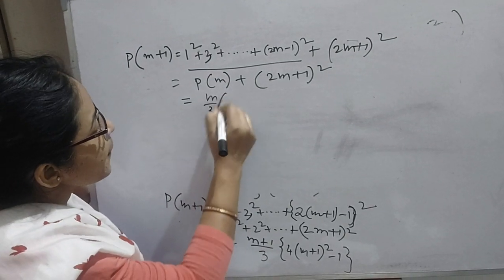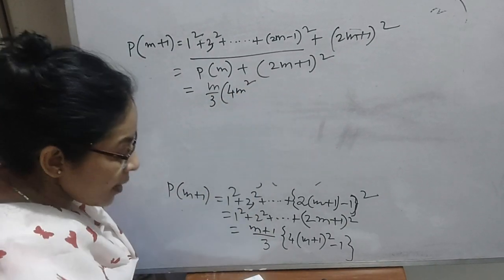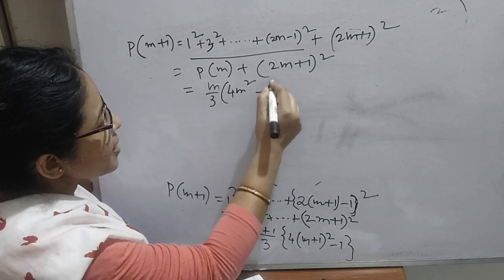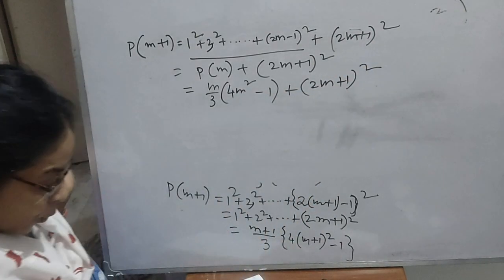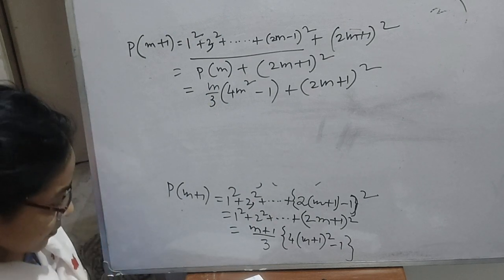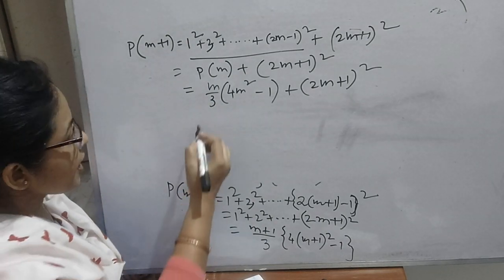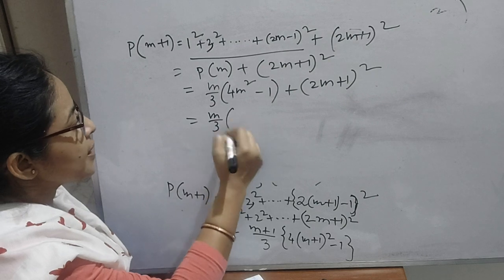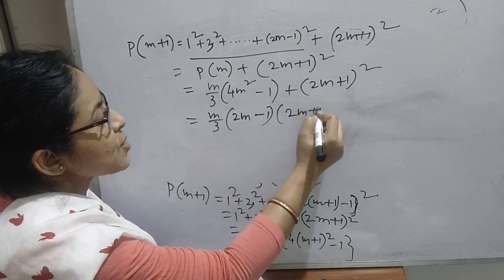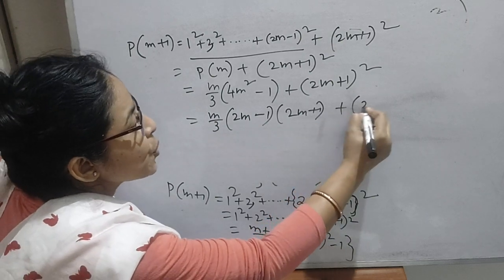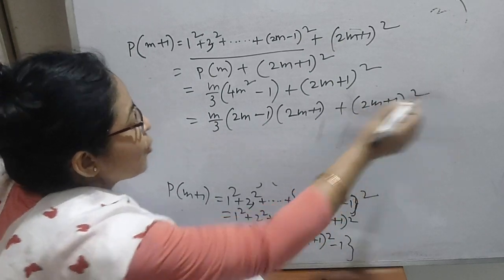So this equal to m by 3 into (4m square minus 1) plus (2m plus 1) square. Okay. This equal to m by 3 into (2m minus 1)(2m plus 1) plus (2m plus 1) whole square.